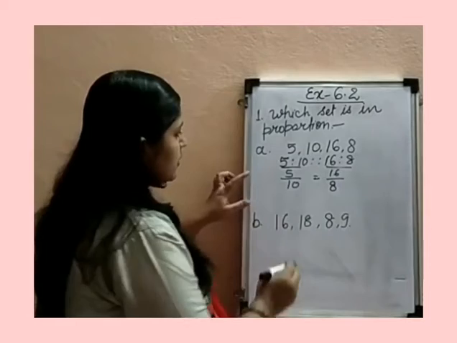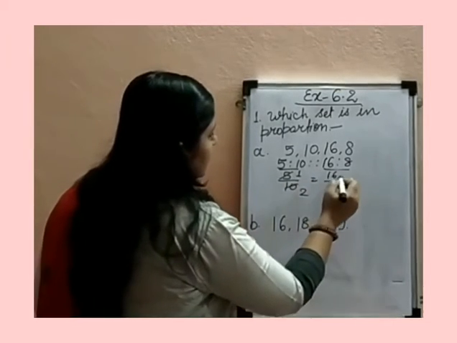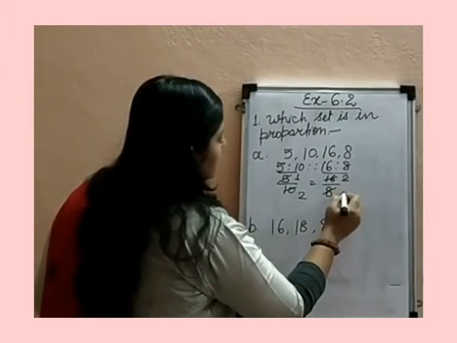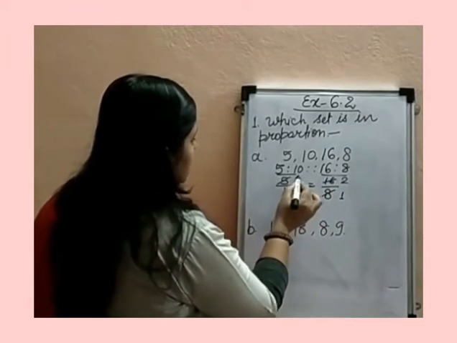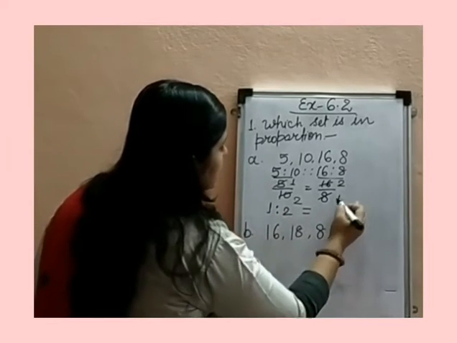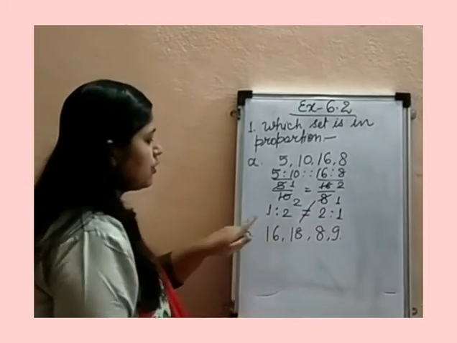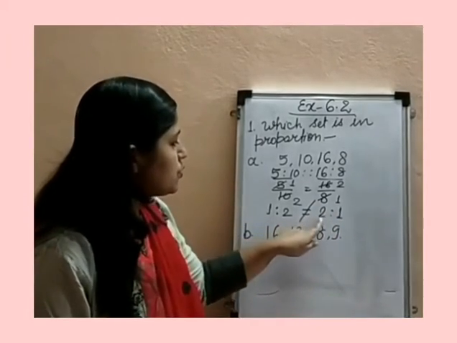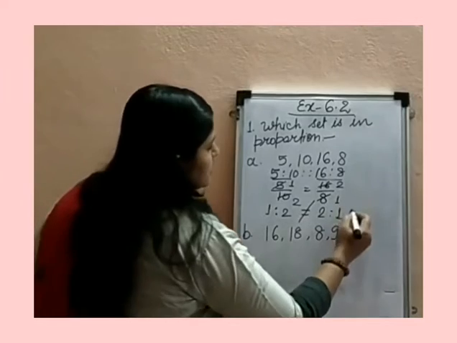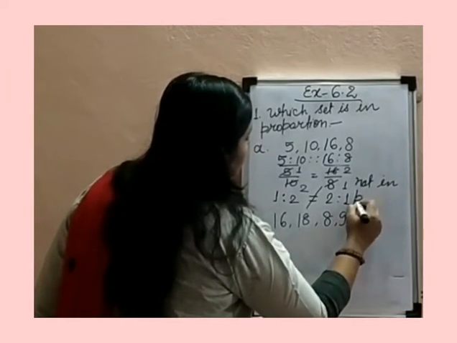Now we can cancel the numbers. 5 twos are 10, 8 twos are 16. So this ratio is 1 is to 2, but this ratio is 2 is to 1. That is not equal. 1 is to 2 is not equal to 2 is to 1. So the answer is not in proportion.